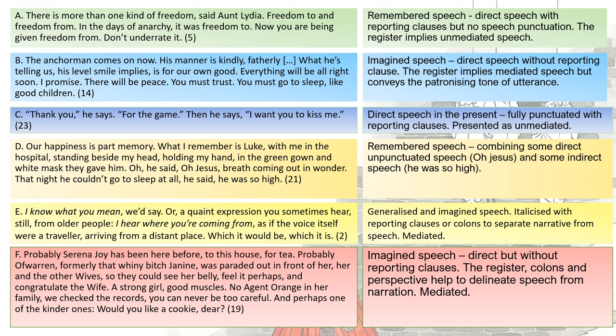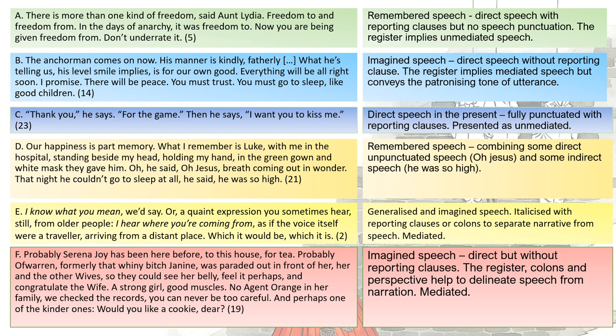Okay, so you can review your own attempt at interpreting different speech presentation with my feedback here. In example A, we get an example of the aunts, and Offred represents a lot of remembered speech from the aunts. And this is almost always presented in this way.